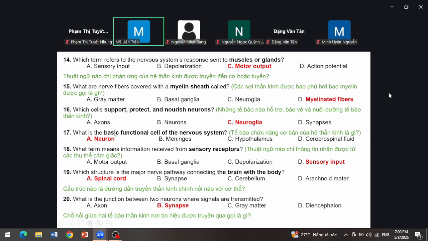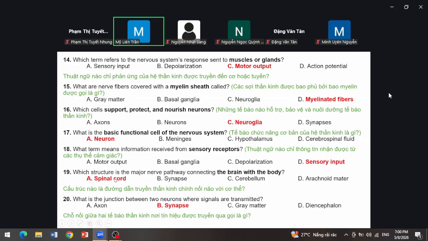17. Neuron is the basic functional cell of the nervous system. 18. Sensory input means information received from the sensory receptors. 19.